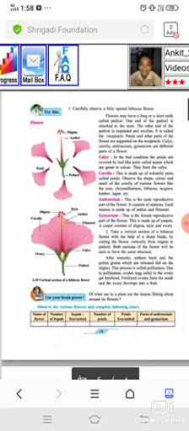Androecium. This is the male reproductive part of the flower. It consists of stamens. Each stamen is made up of anther and filament.